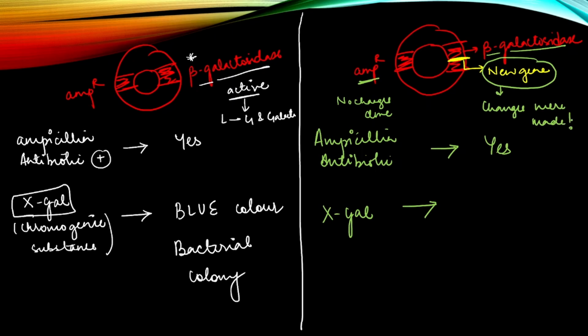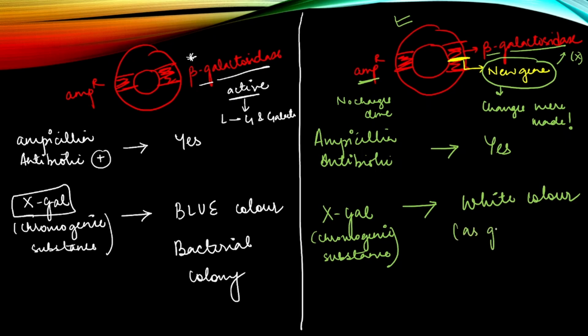Because of the insertion of the new gene, beta galactosidase is inactive. X-gal is a chromogenic substance which gives blue color if beta galactosidase is active. Here the gene is inactive, so it will give white color.